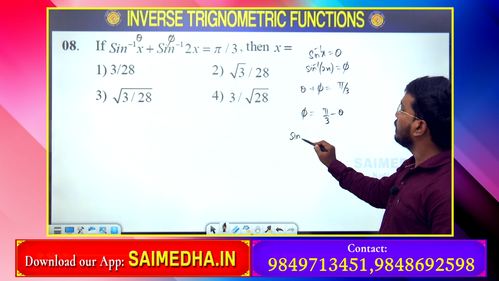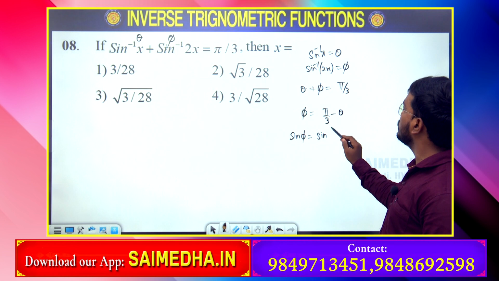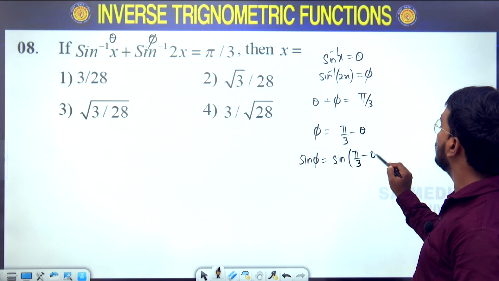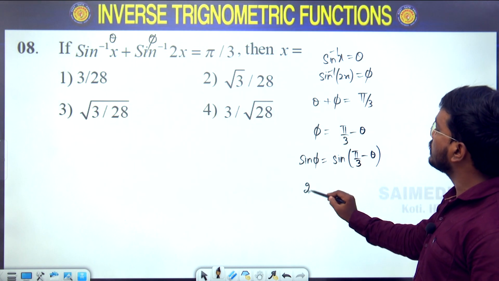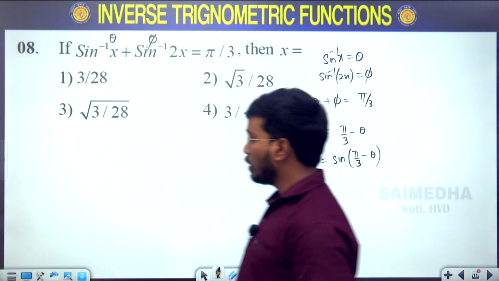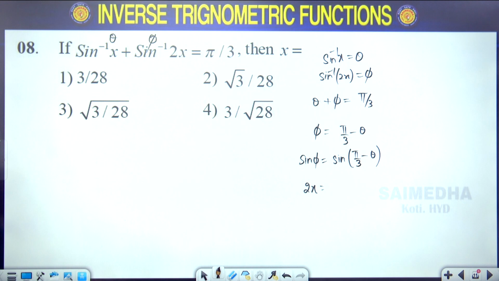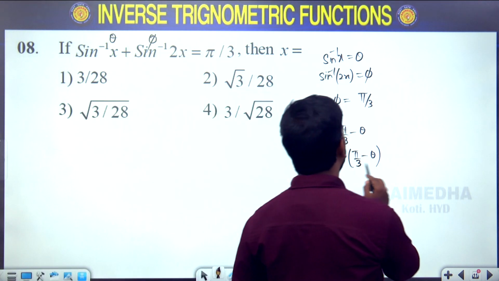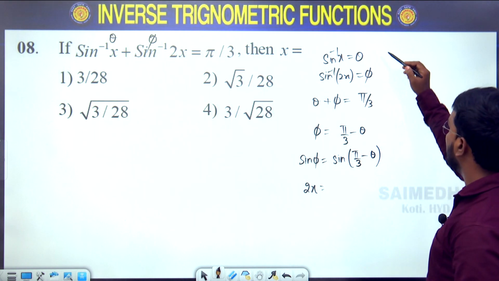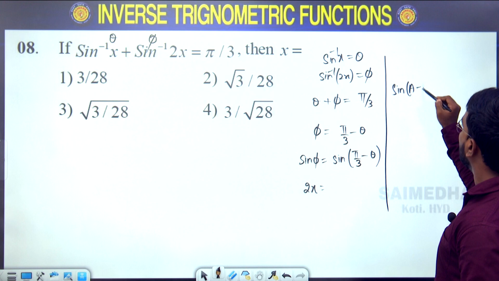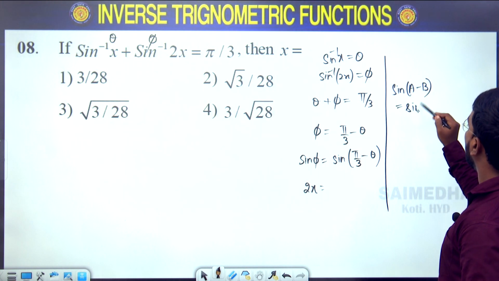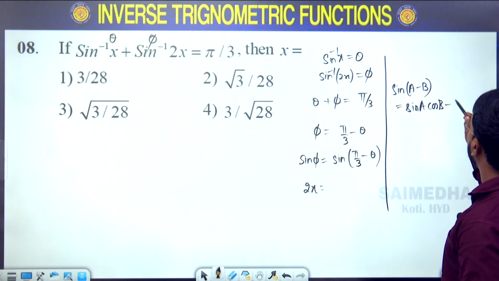Multiplying sin on both sides, sin phi is equal to sin of pi by 3 minus theta. We know that sin phi will become 2x. Observe the question. When sin phi is becoming 2x, it is in the form of sin of a minus b. Sin of a minus b is equal to sin a cos b minus cos a sin b.